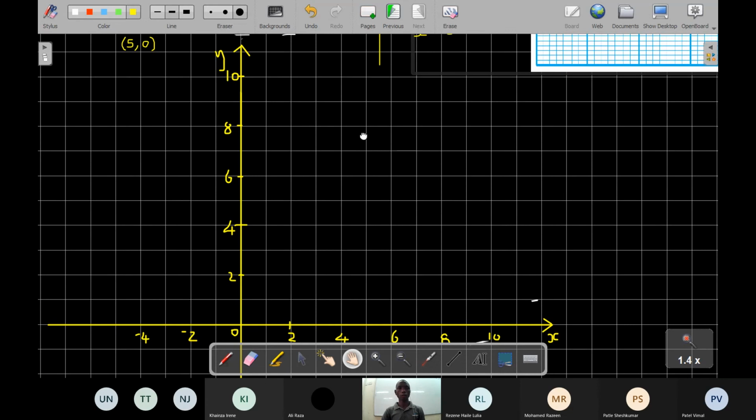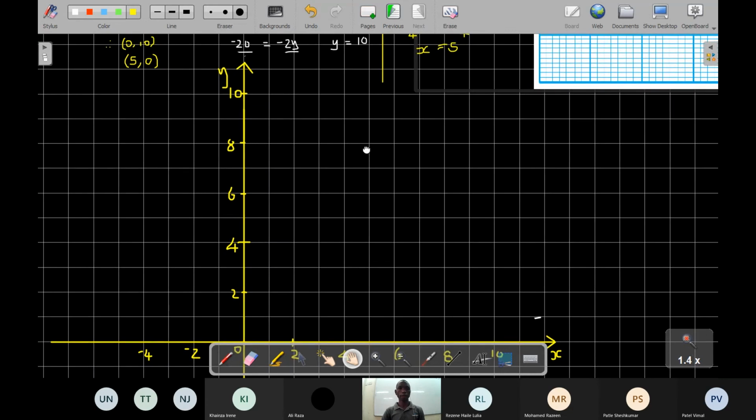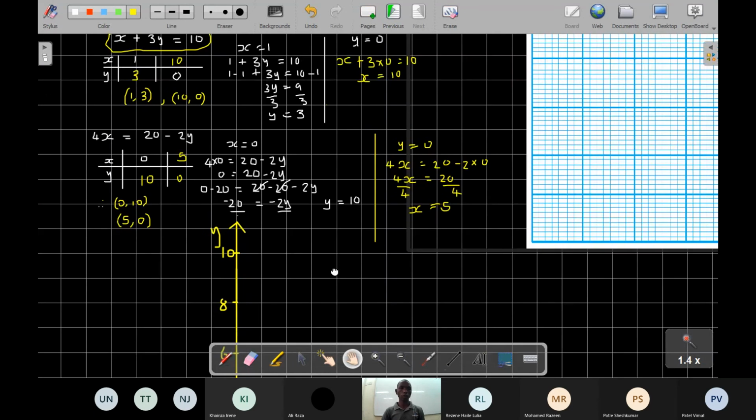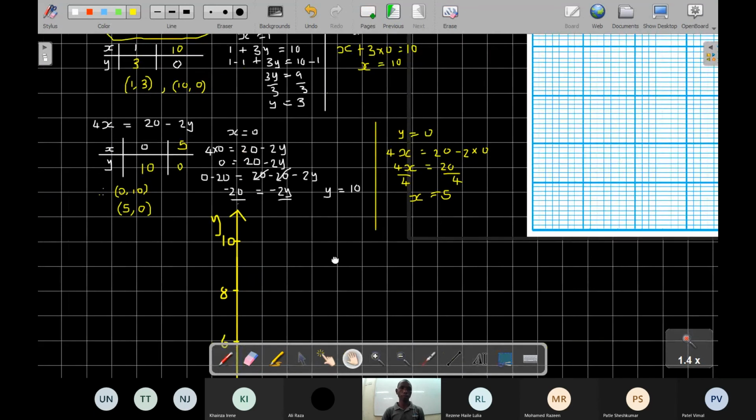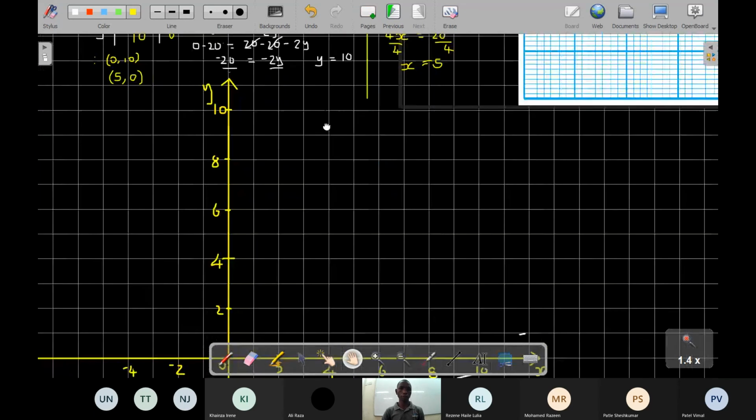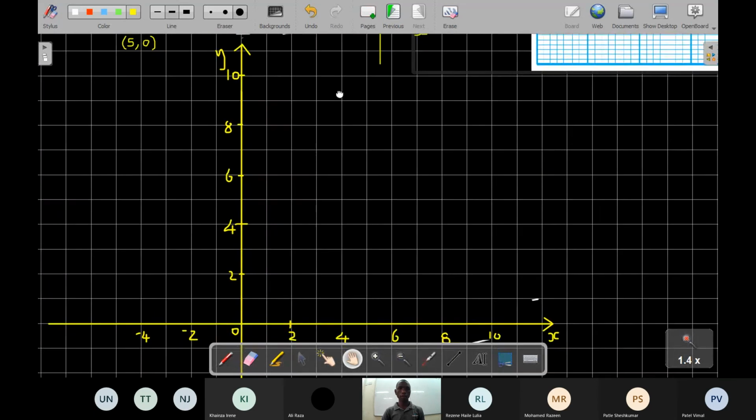I think I can begin with this second line. Okay, let me begin with the first one. The first one, the coordinates were 1, 3. So 1 on the horizontal axis, 3 on the vertical axis. 1 is here. Let me use the red. 1 is here on the horizontal, and then 3 is here.